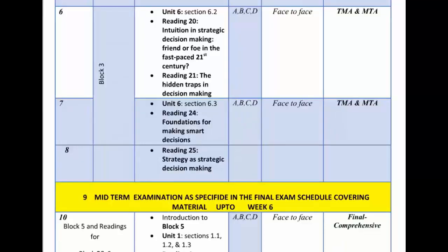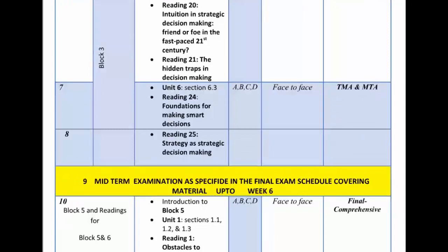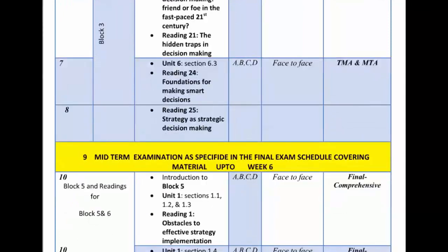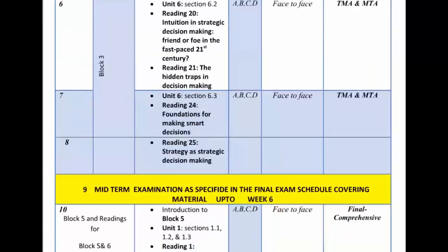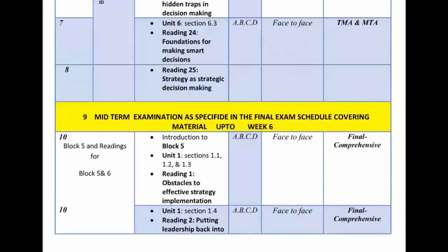Week number 7, we will take unit 6 and section 6.3, and then reading 24. Okay, this is the end of block number 3. So the midterm exam will contain only block number 3 with the readings that are related to block number 3.